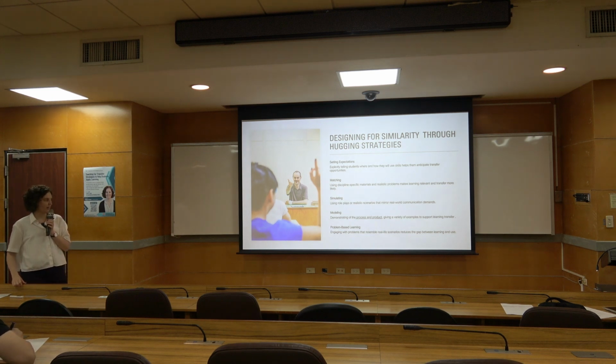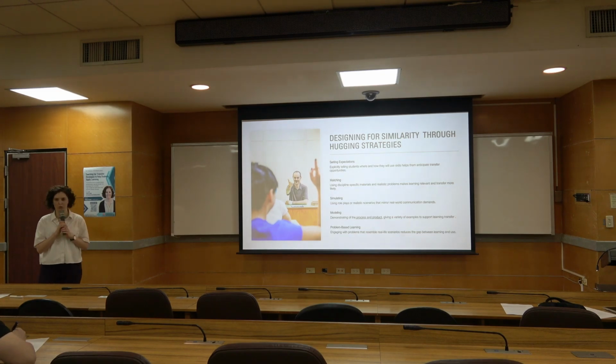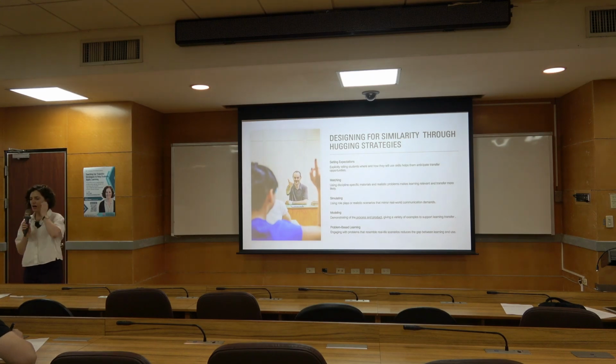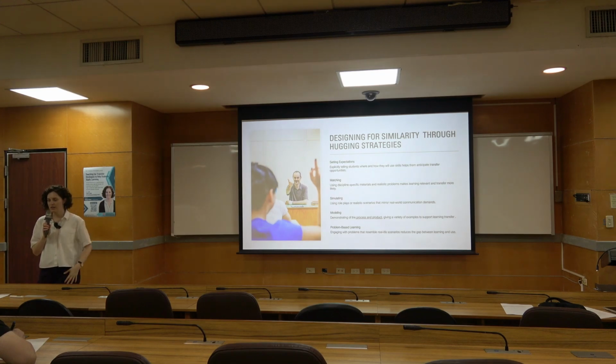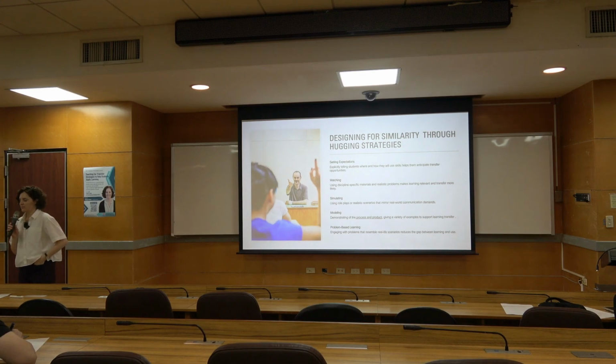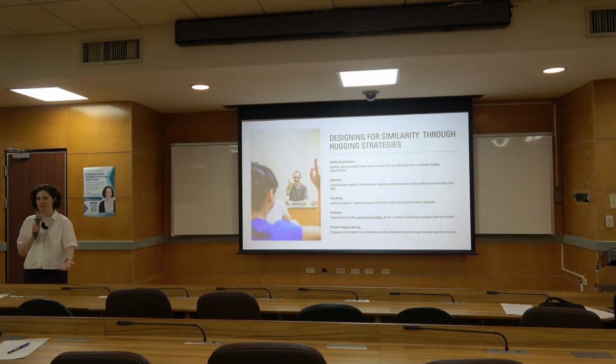Modeling is next, and that is demonstrating the process and product, giving a variety of examples also to support learning transfer. If we just tell students, I want you to write a 10-page paper on semiconductors. You can say that to them, but what you want to do first is model it. What does that look like?